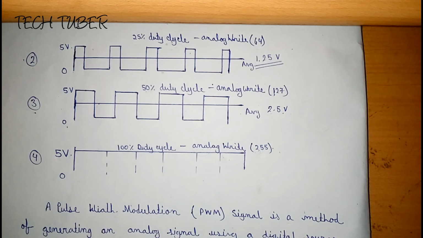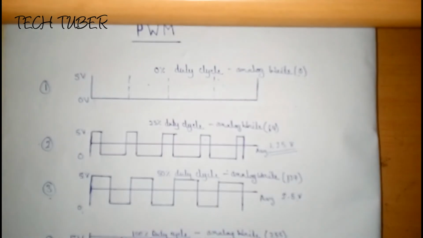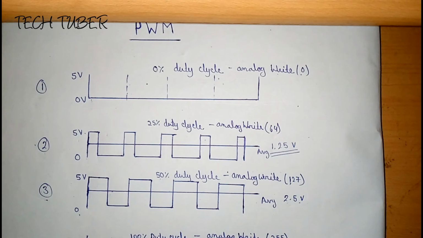Actually, PWM is the rate of change of voltage with respect to time. We are controlling the width of the voltage, and we are achieving a certain amount of voltage which we need and which we can use as we wish. That is PWM. So now this is the theoretical explanation of PWM function, how actually it works.